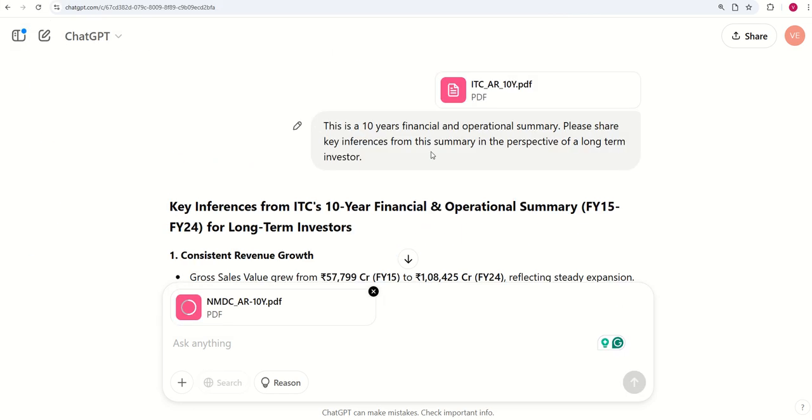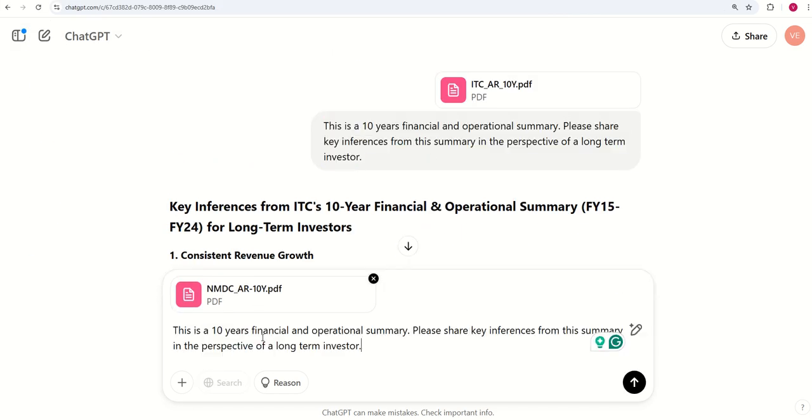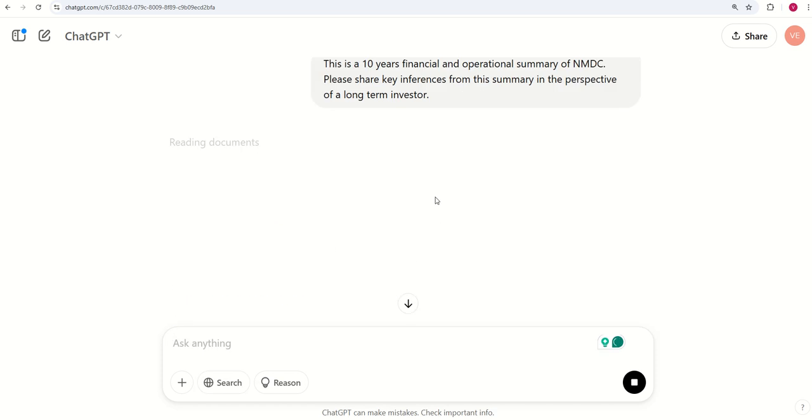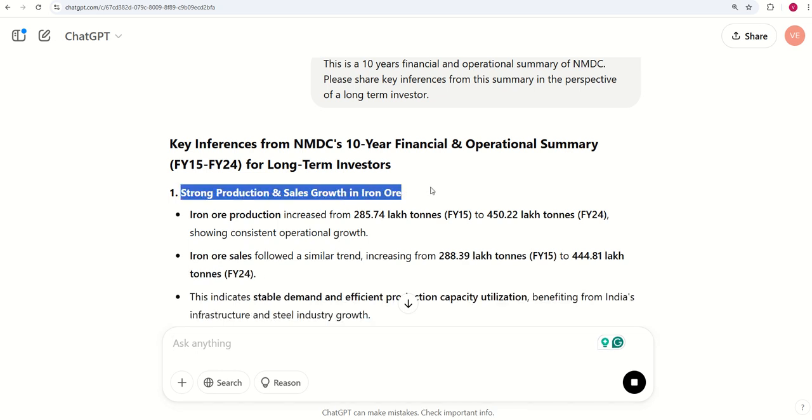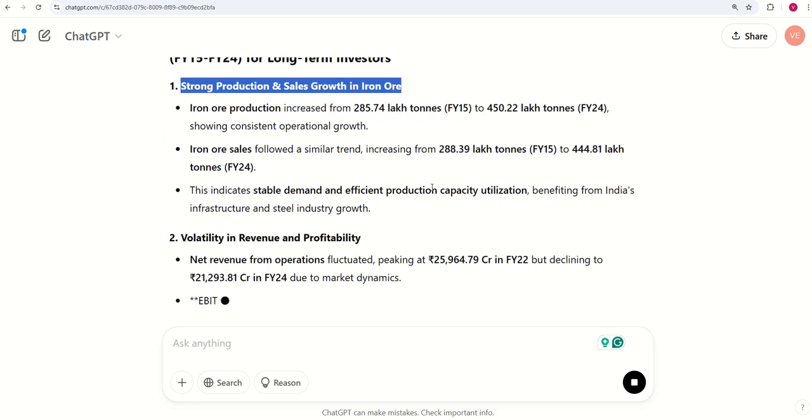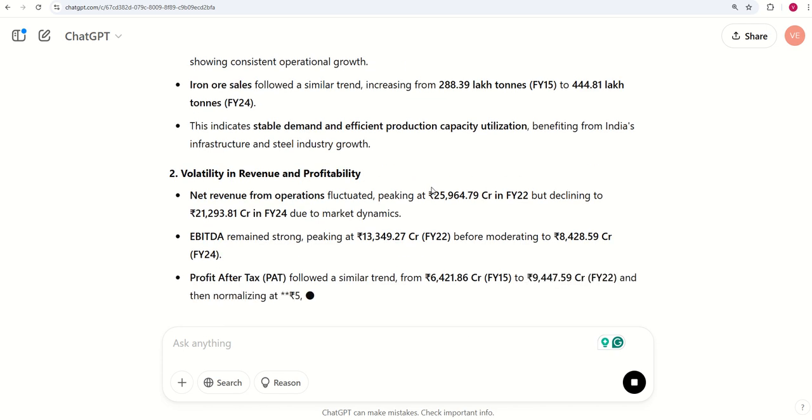NMDC. Okay, so same prompt. This is a 10-year financial operation summary of NMDC. Please share key inferences. This report should be slightly different because here you talk about all the iron ore, diamond, those kind of things, whatever is there in their summary page.